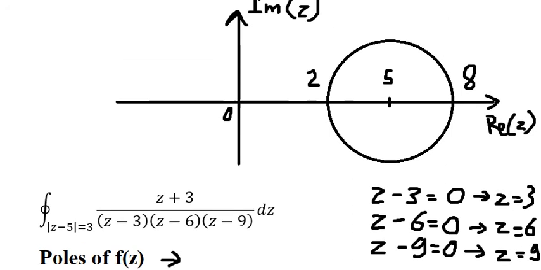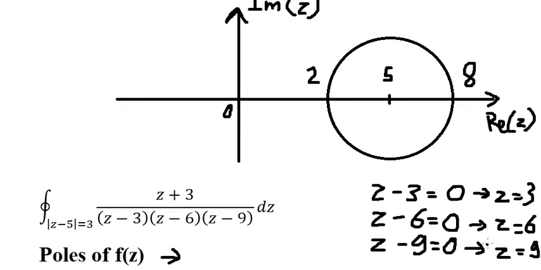Now when we go back to the graph, we have z equals number 3, so number 3 should be in here. Number 6 should be in here. Number 9 should be in here. So we see that number 9 is outside this circle.